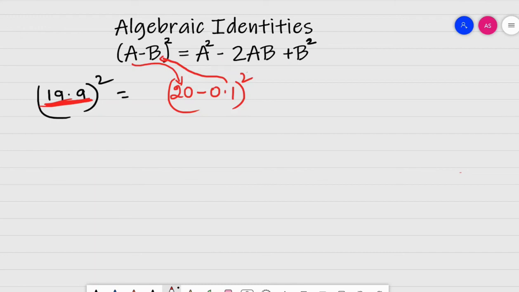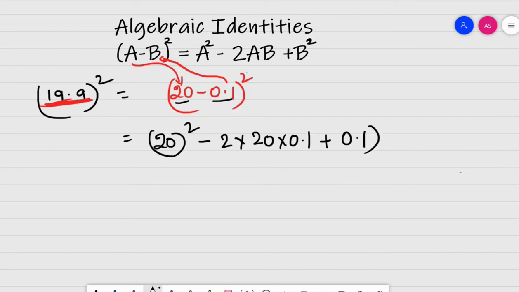Now let us solve it using this. Now (20 minus 0.1) whole square, so this is a and this is b. So first we will write a square minus 2 into a into b plus b square. So we have brought this into our format.